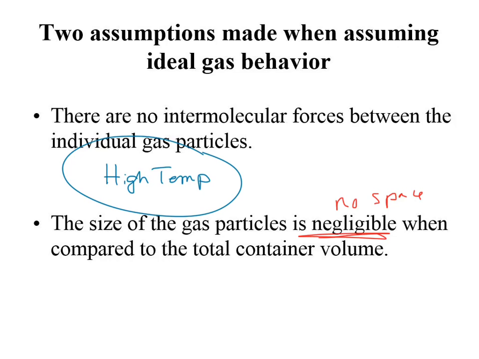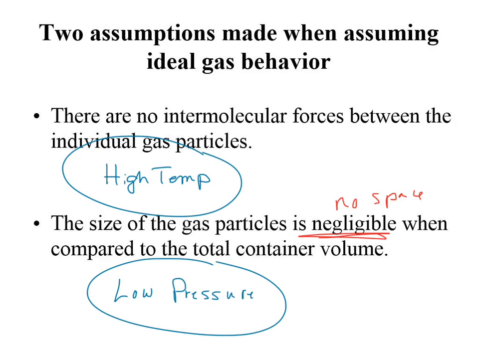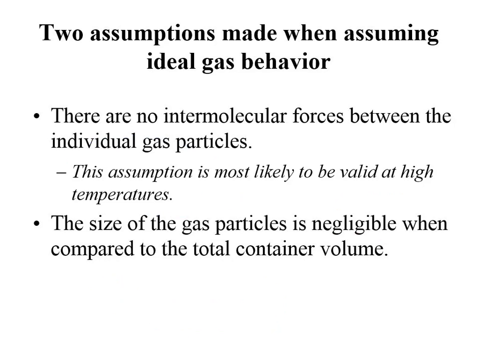The bottom one, it works real well at low pressures. What a low pressure means is basically you have a big old box that you're allowing those gas particles to run around in. So if you have a big enough box, then yeah, the space that your gas particle occupies is basically 0 compared to the box that you have it in. So that's kind of how those go.